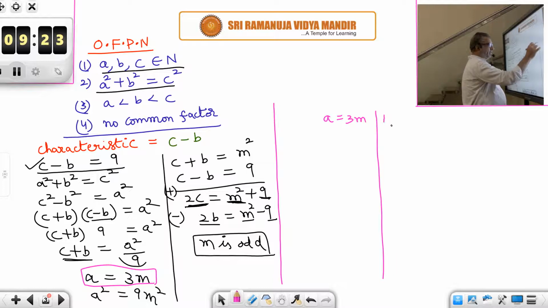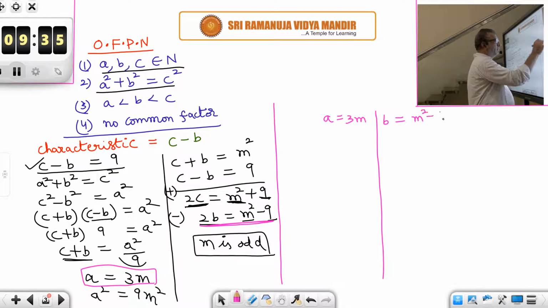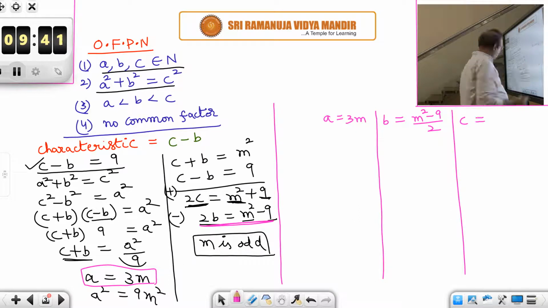Next B. 2B is m square minus 9, so B is (m square minus 9) by 2. And 2C is m square plus 9, so C is (m square plus 9) by 2.